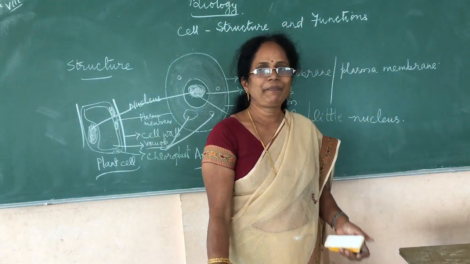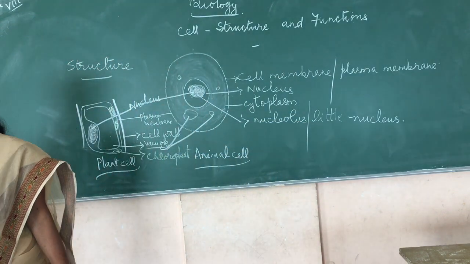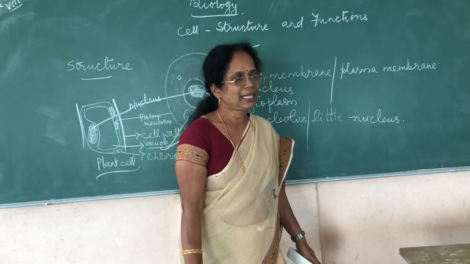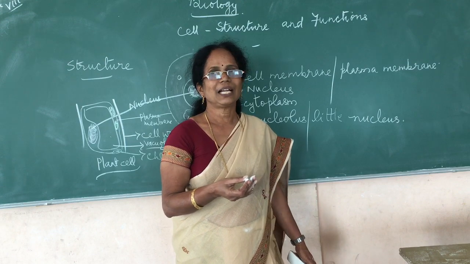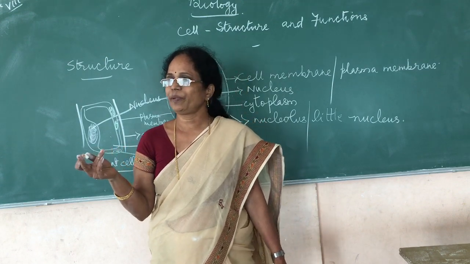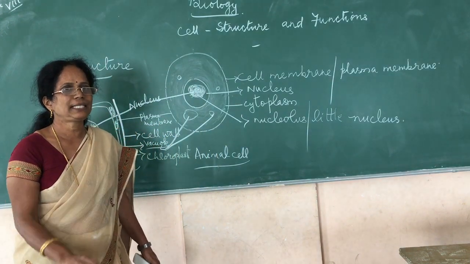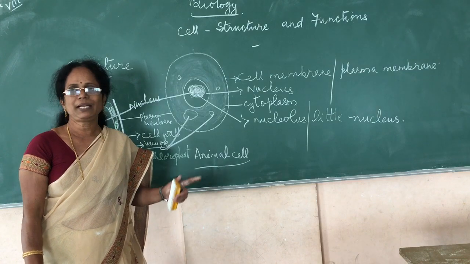Name the pigment present in our blood. Red color. What is the other name? Hemoglobin. What is the spelling of it? Hemoglobin.